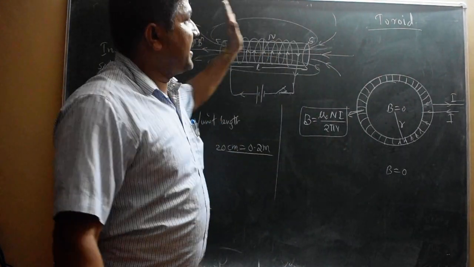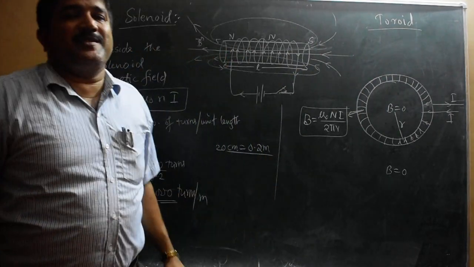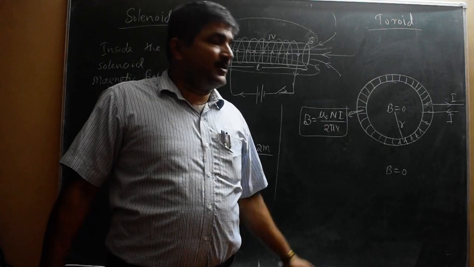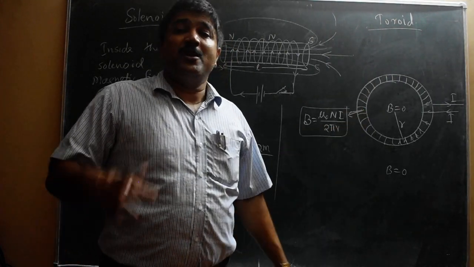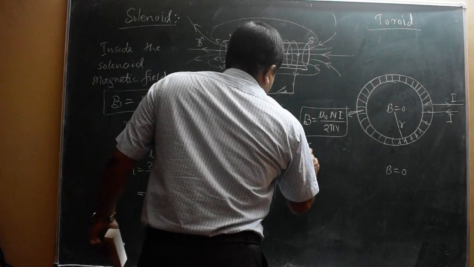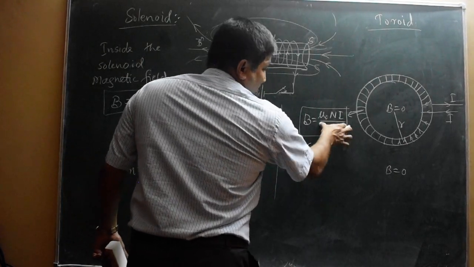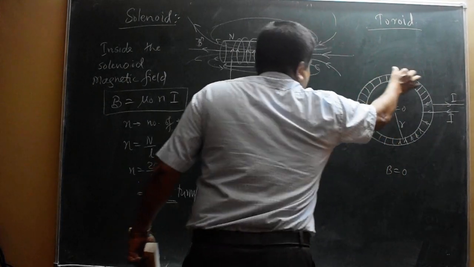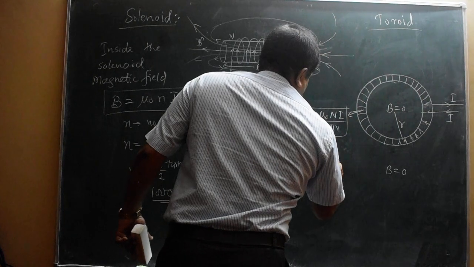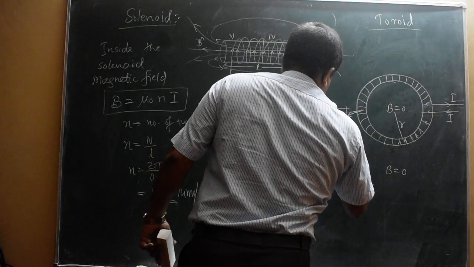So solenoid and toroid are the two devices which produce a magnetic field. Both of these instruments are used to produce a uniform magnetic field. That means this value of the magnetic field is the same everywhere inside. So a uniform magnetic field is produced by the toroid.